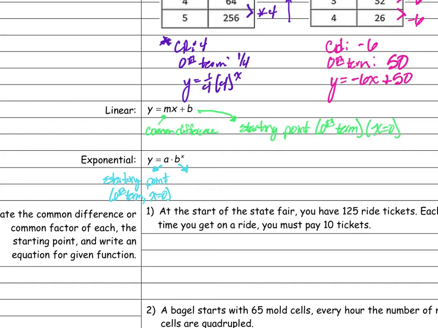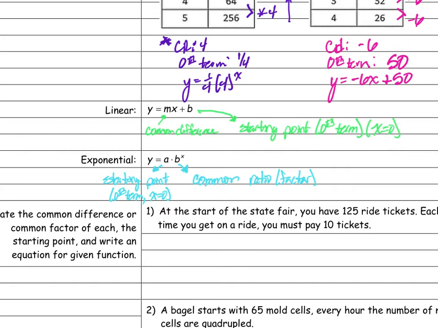And B is my common ratio or factor. I want to make sure that we're using the same type of words that are in the directions. So common ratio or factor, same thing, okay?